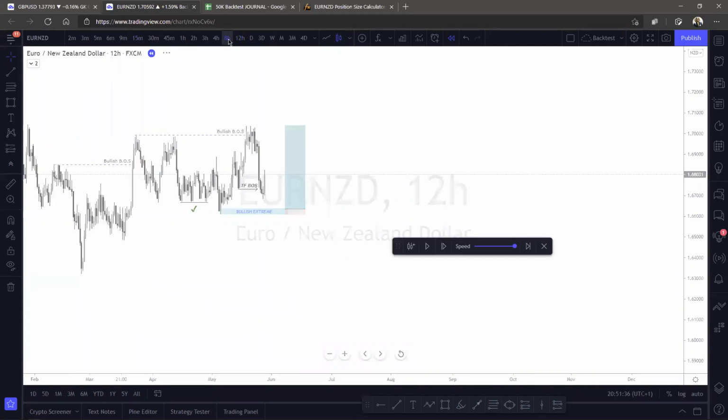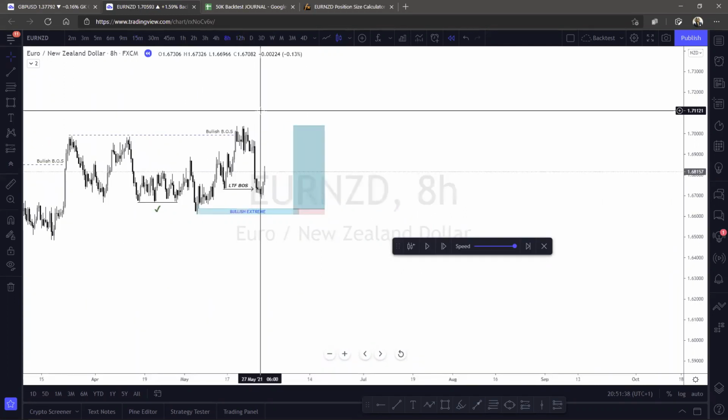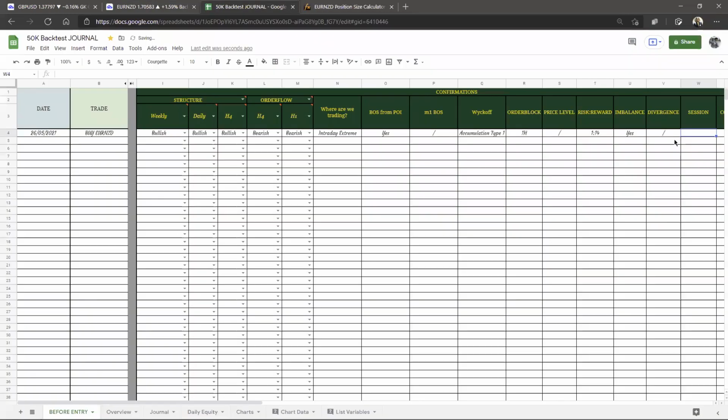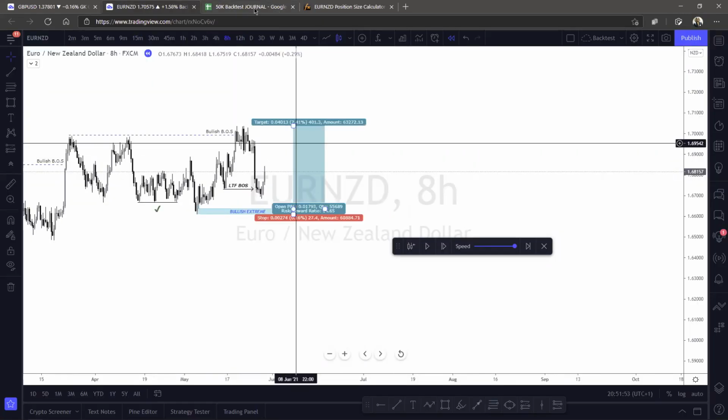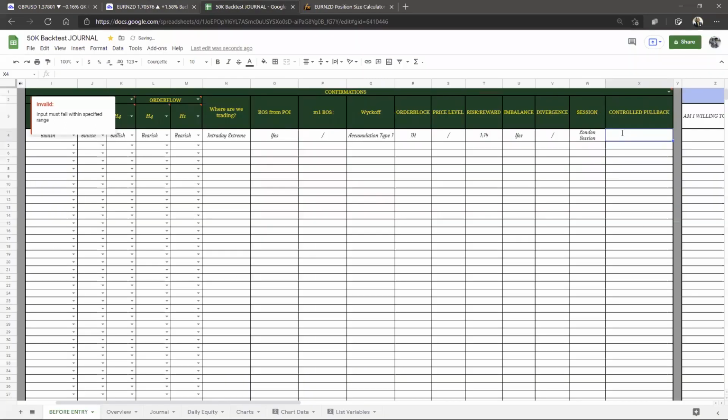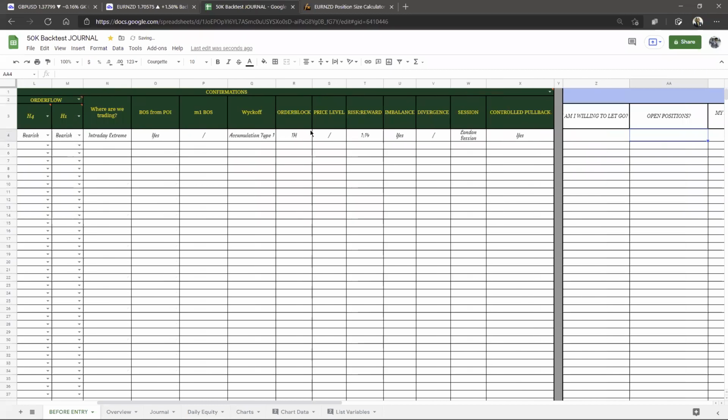It was an 8 hour. So we saw break of structure here. So we'll put London session. We put the limit in. London session. Control pullback, I guess so. Yeah. Yes. Okay, now confirmation is done.